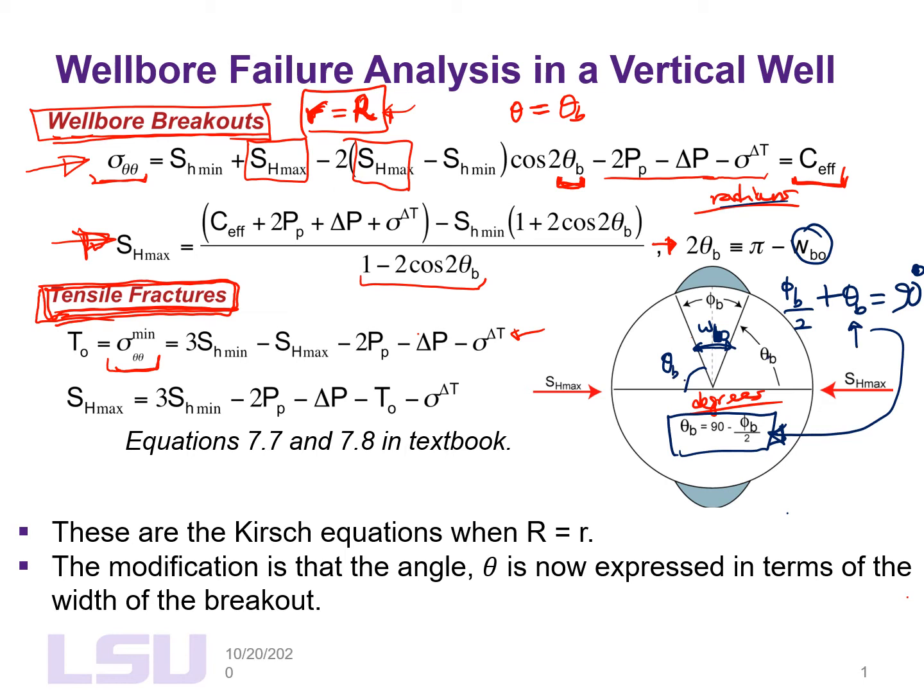This is theta b, this is theta b, will give you 180 degrees, right? And what's 180 degrees in radians? It's pi radians. So width of the breakout plus 2 theta b equals pi in radians. And that's precisely what this is when you make this the subject of the equation. So it becomes pi minus width of the breakout. So now you see where those two expressions are coming from.